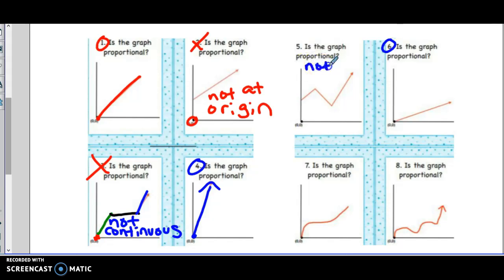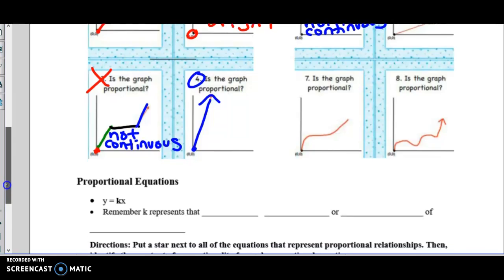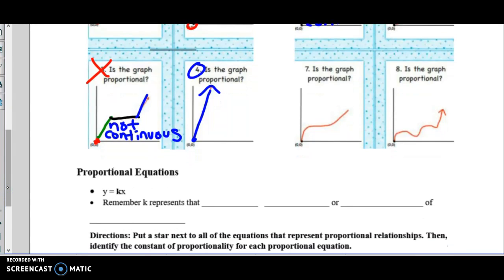So not origin, not continuous. Example 7, even though it starts at the origin, it has curves. Same thing with example 8, it has curves. Therefore, it is not proportional.